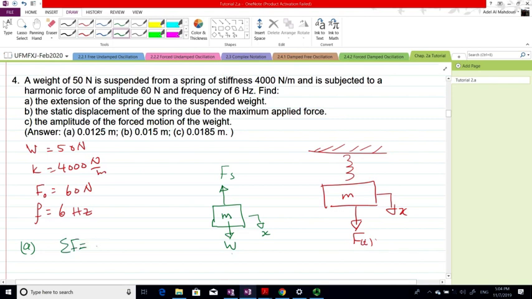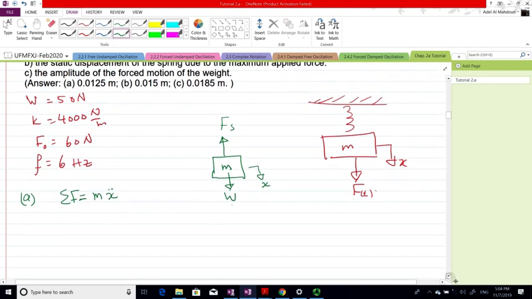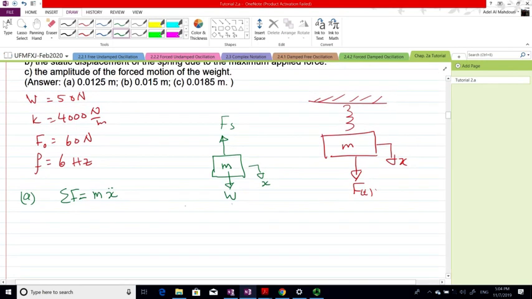Summation of all forces is equal to mass multiplied by acceleration. Acceleration is positive if it's going downward, okay. So in the summation of forces, positive is W, and negative is the spring force. W minus Fs is equal to mass multiplied by acceleration. And W is what?